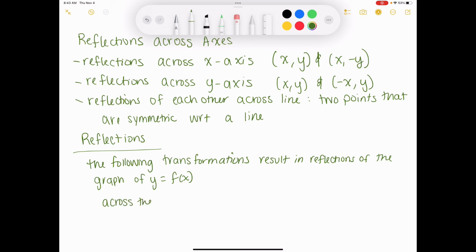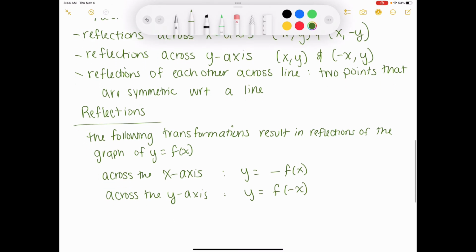Across the x-axis, we would have y is equal to negative f of x. Across the y-axis, y is equal to f of negative x. And through the origin, y is equal to negative f of negative x.